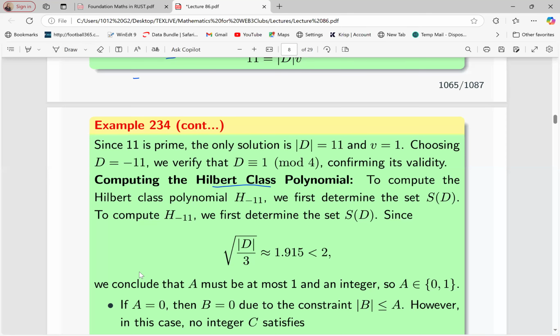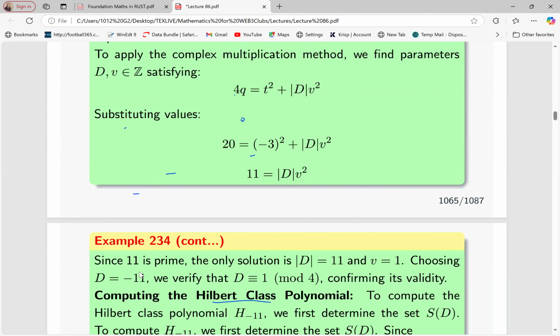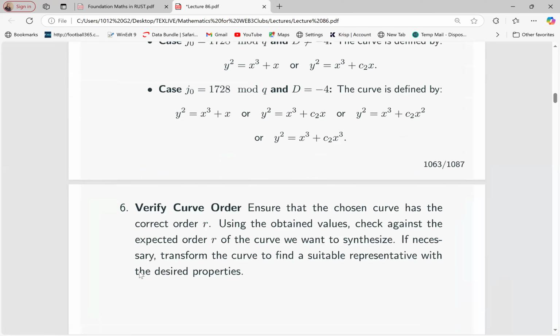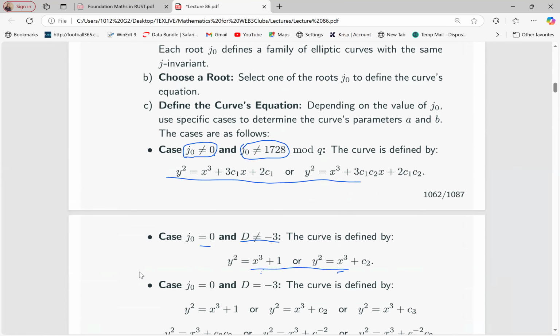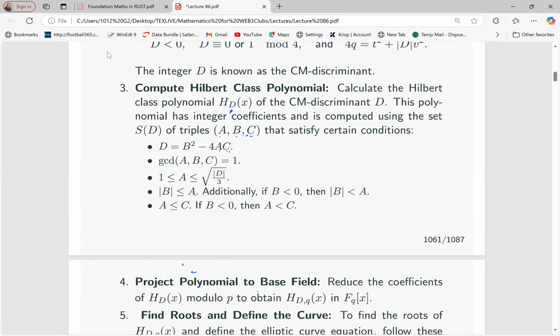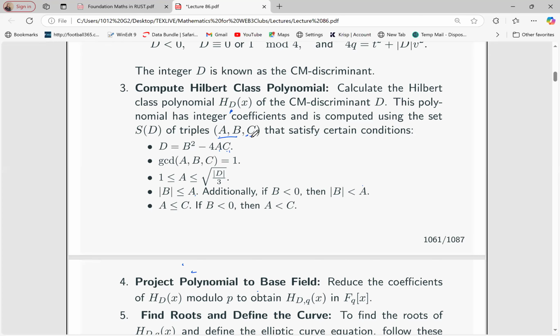First of all, we come up with a set comprising of A, B, C. To compute the Hilbert class polynomial, the first thing is to come up with a set comprising of A, B, C, and the set should meet these conditions.